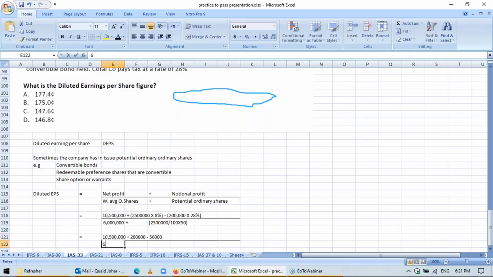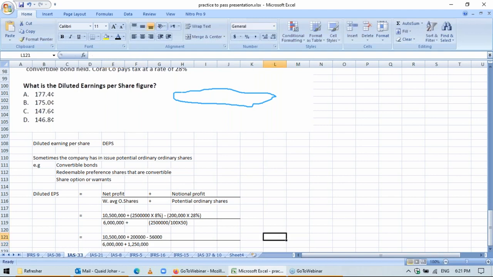And then 6 million ordinary shares were already in issue, and further shares will be issued, equal to 1,250,000.